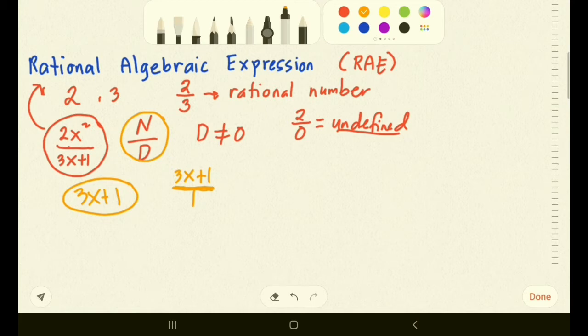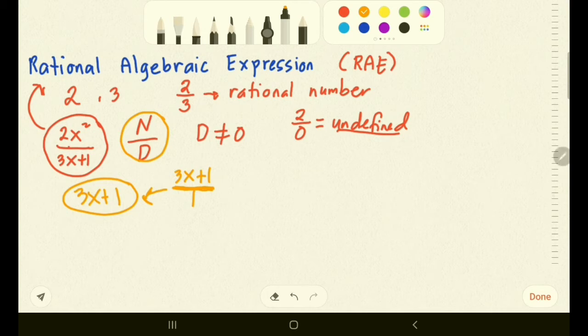So 3x plus 1 all over or divided by 1 is still 3x plus 1. So meaning 3x plus 1, though we could not see a denominator, can still be expressed as a rational algebraic expression. So that is an RAE, rational algebraic expression.